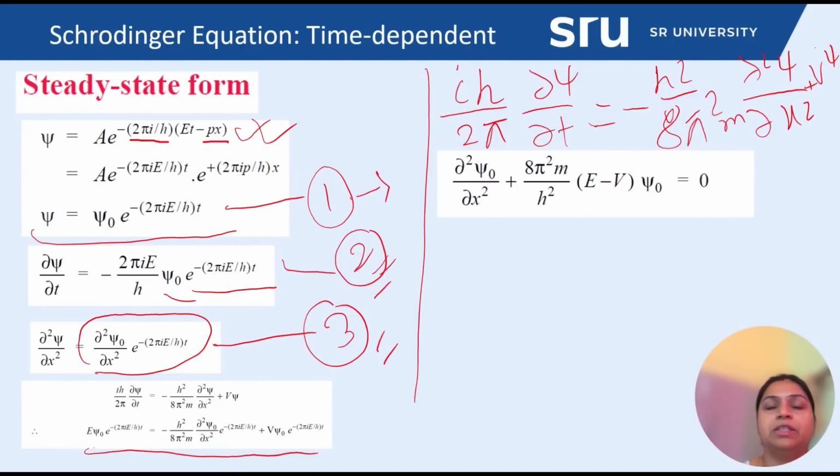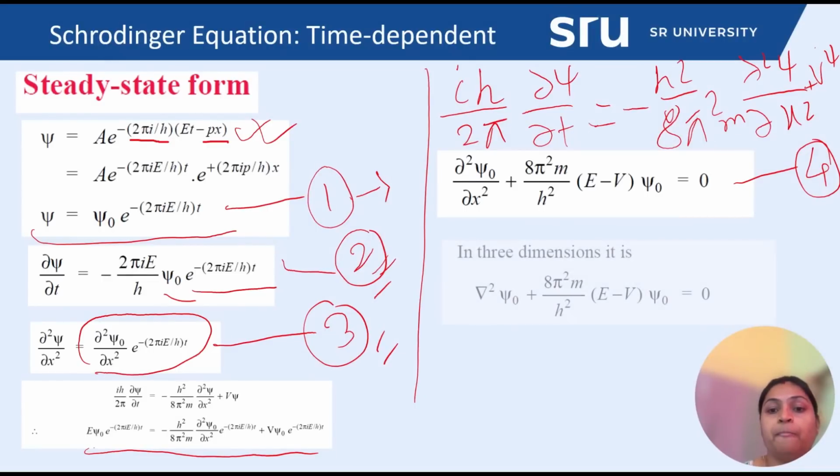So this is our equation 4. This equation is called the steady state form of the Schrödinger equation.